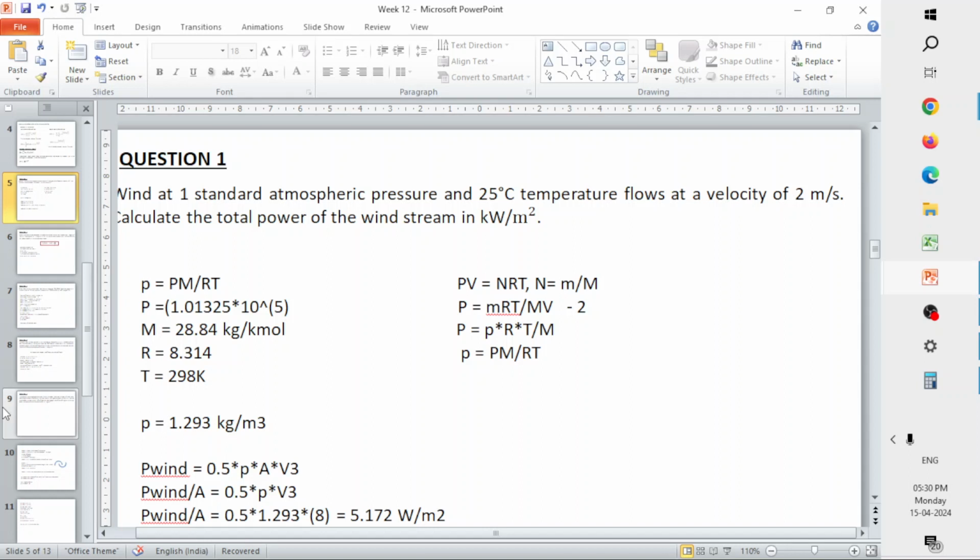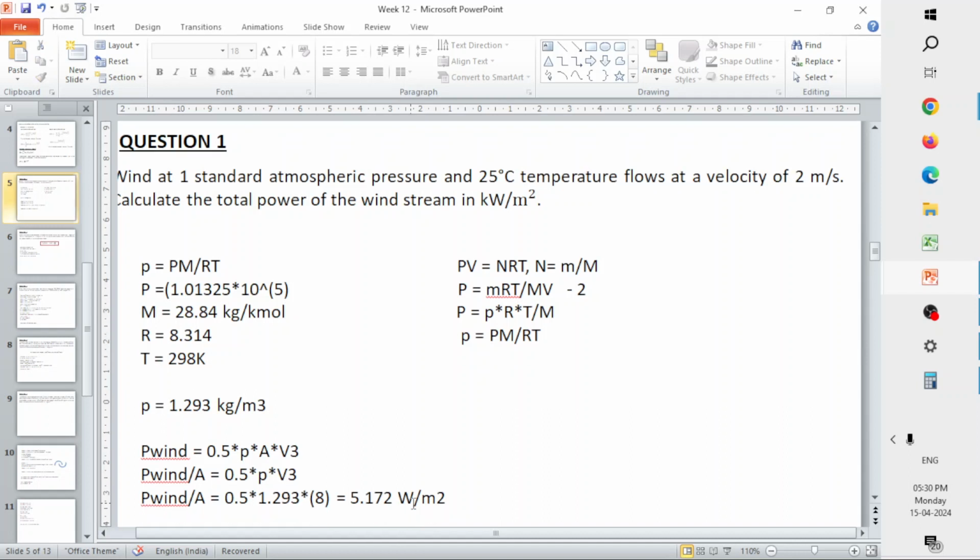So it is always better to calculate your density first and then progress. If you see in the video lecture, Anandalakshmi ma'am took the molecular weight of air as 28.97. I have taken it here as 28.84. The 28.84 that I took is actually considering only the oxygen and nitrogen present in the air.